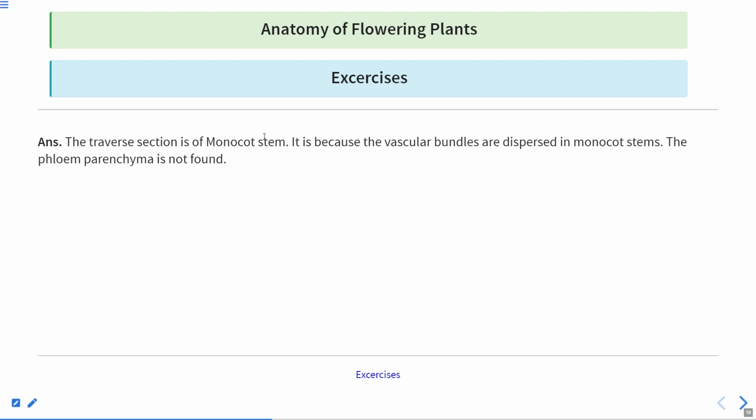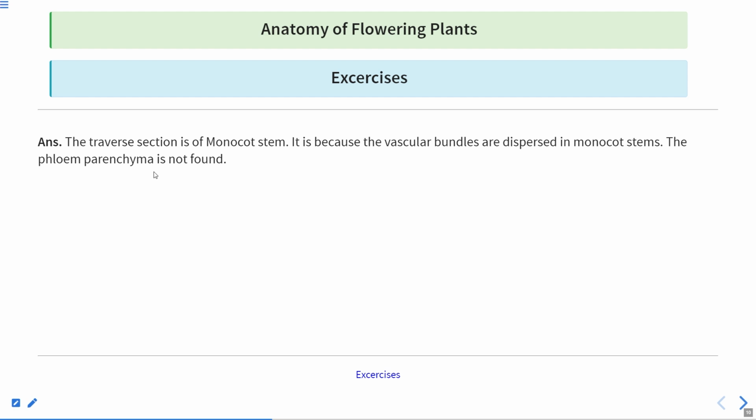If you see such a structure, then it is a transverse section of monocot stem, because the vascular bundles are dispersed in the monocot stem. In the previous questions we have seen that vascular bundles are scattered all over the stem region, right? There are no collenchyma cells, no parenchyma cells, no endodermis, no pericycle, right? And these vascular bundles are scattered all over the stem.